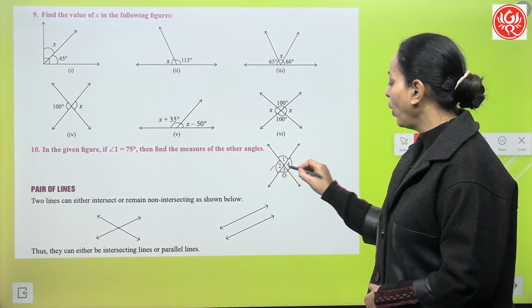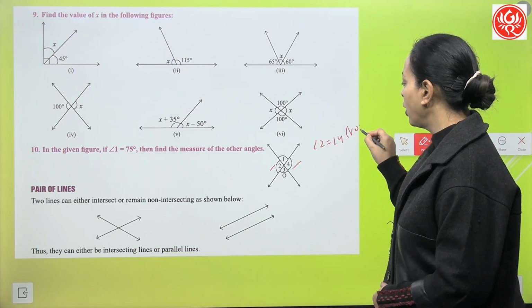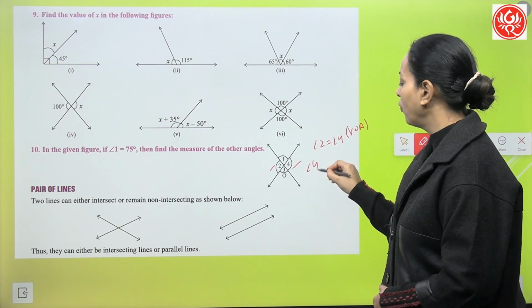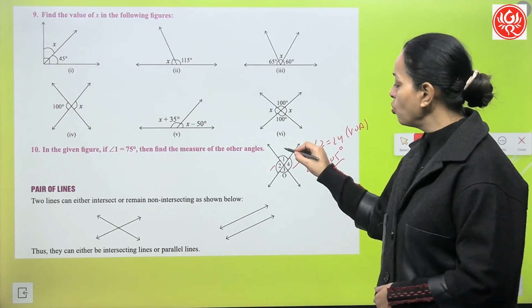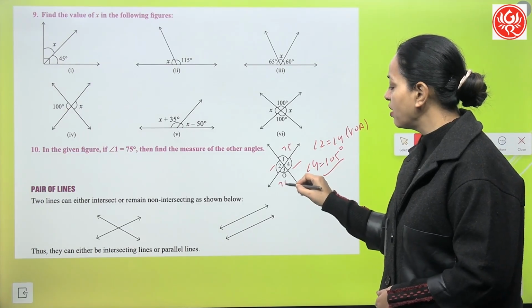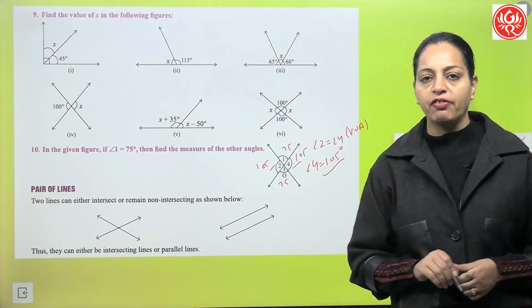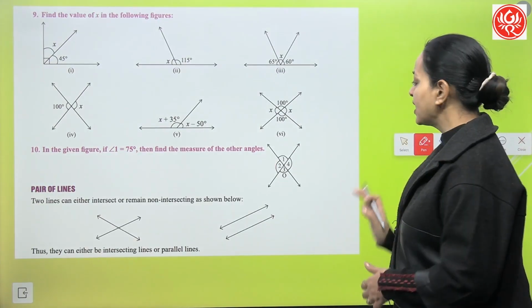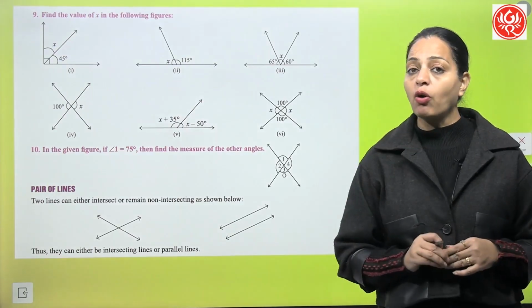Now angle 2 and angle 4, these are equal because these are vertically opposite angles. So angle 4 is also 105 degree. So two angles 75 and two angles 105 and 105. Okay, I hope this is clear to you. Very good question.